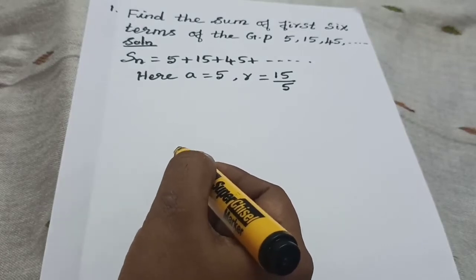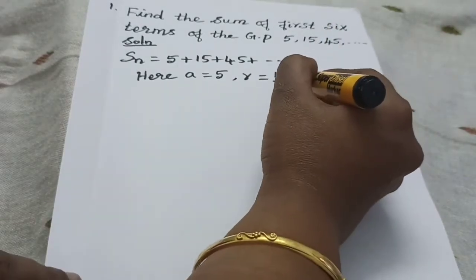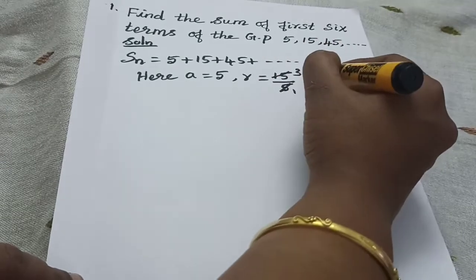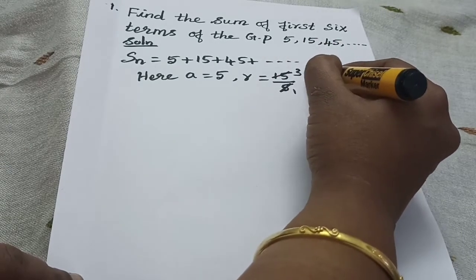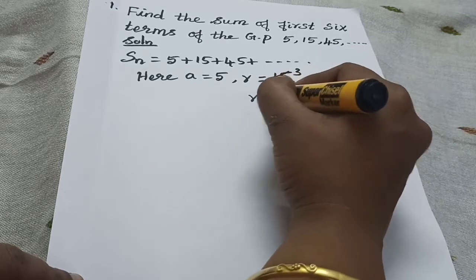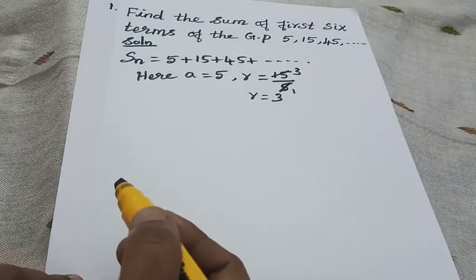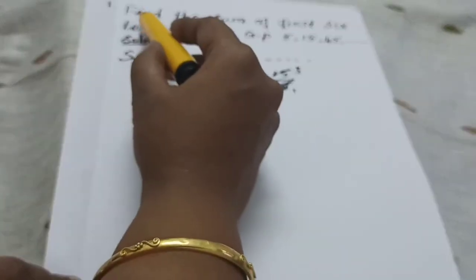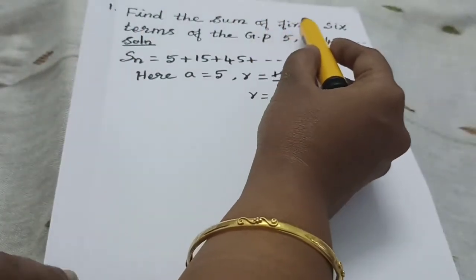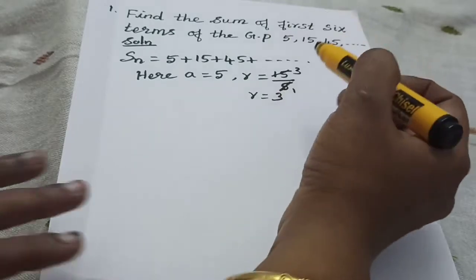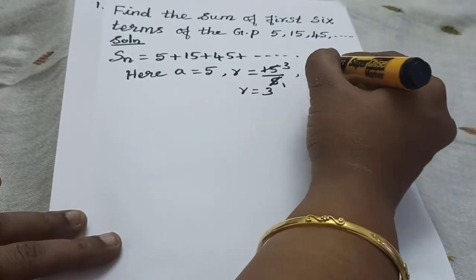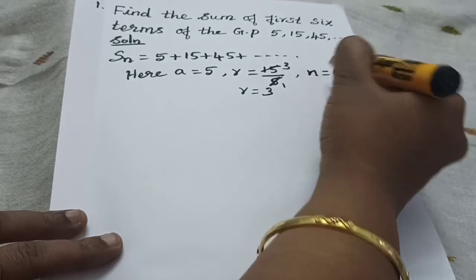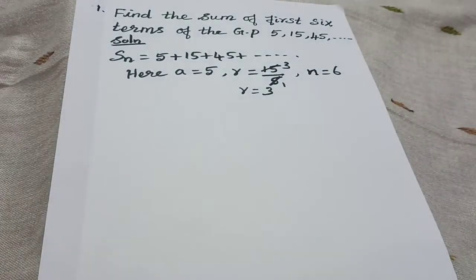Shall we cancel? 1, 5 is 5. Here 3. Therefore, r equal to 3. Then here n equal to, what is given? Find the sum of the first 6 terms. 6 terms means n equal to 6, the number of terms. Am I correct?